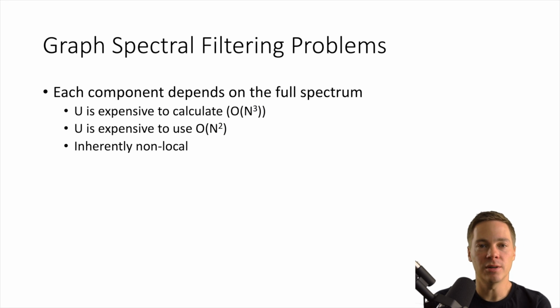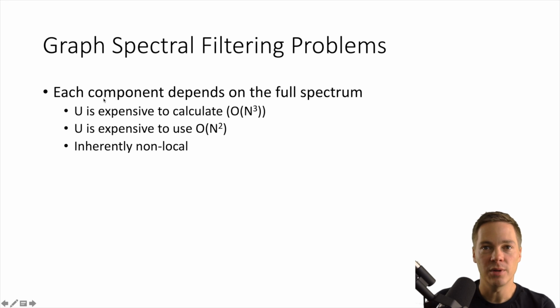However, as we mentioned, there are some issues here. Each component is going to depend on the full spectrum, which means a few things. First of all, to calculate U, it's very expensive. To do this eigendecomposition, it's on the order of n cubed, where n is the number of nodes in the graph. Once you have it, U is expensive to use to do these computations because there are n eigenvectors, each of length n, which means multiplication is on the order of n squared.